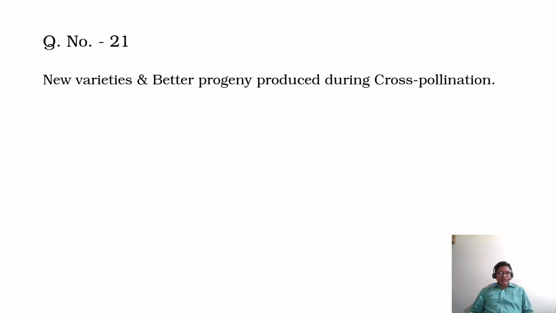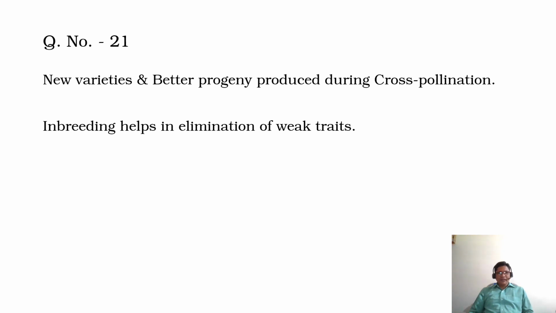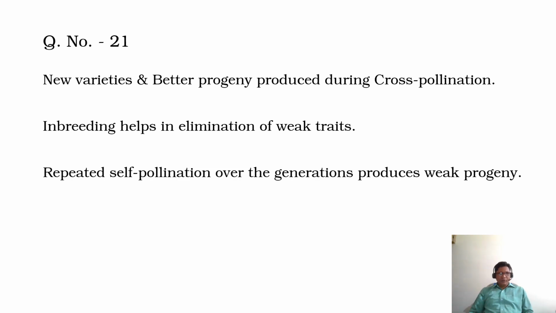New varieties and better progeny are produced during cross pollination. Inbreeding helps in the elimination of weak traits. Repeated self-pollination over generations produces weak progeny. Then the answer is option 4.